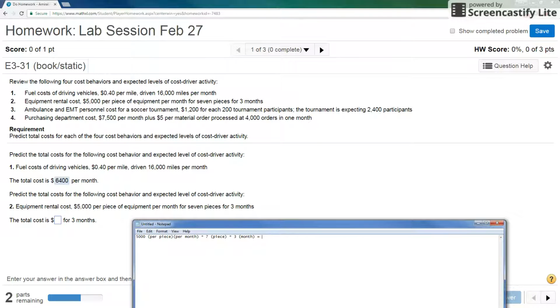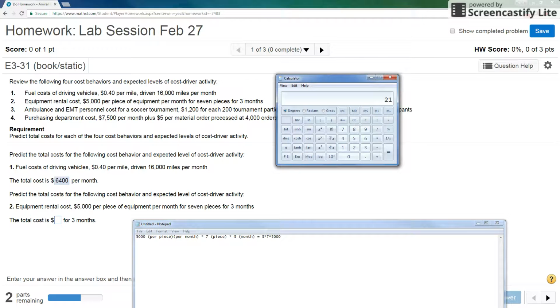So the total cost will be, for each piece and each month we have 5,000. So it will be 3 multiplied by 7 multiplied by 5,000. It will be 21 multiplied by 5,000. It's 105,000.